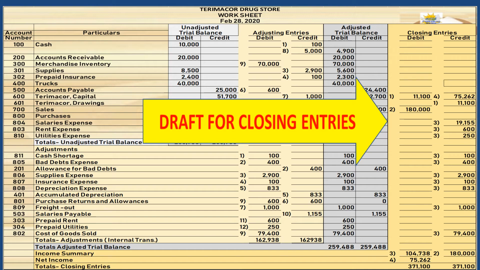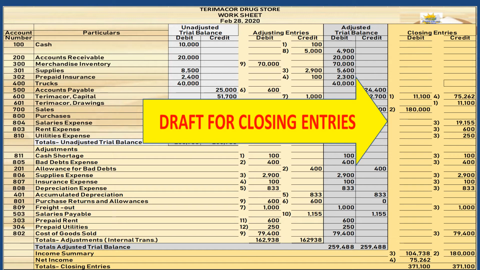Instead of making the closing entries in the journals and posting them to the ledgers, this procedure is delayed until final financial statements are prepared, because there will still be some adjustments during the preparation of the financial statements.